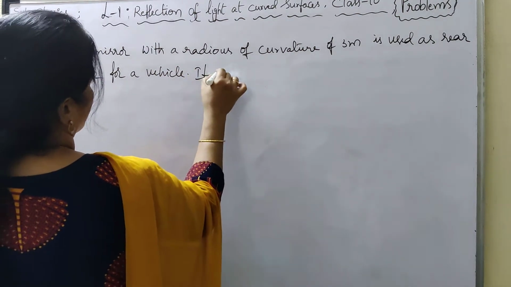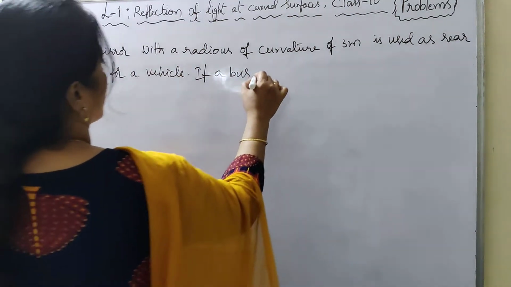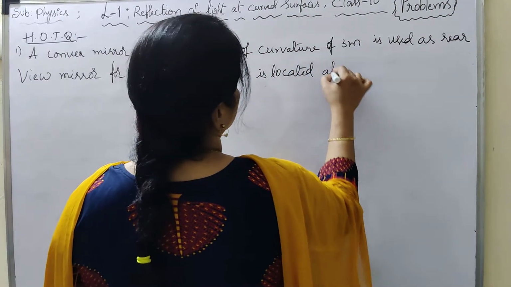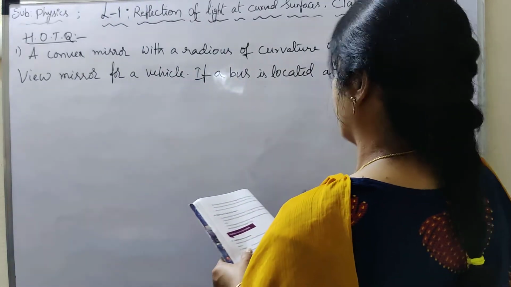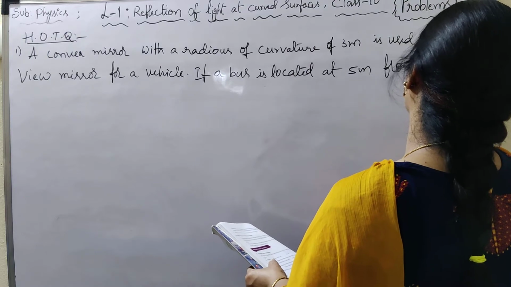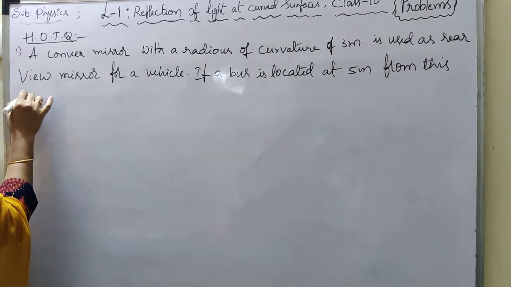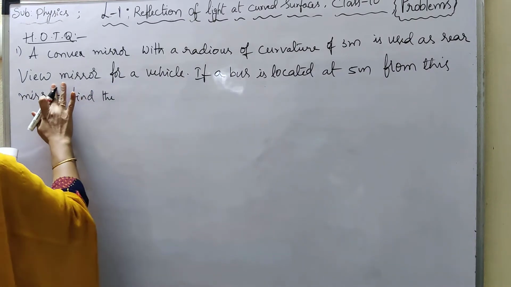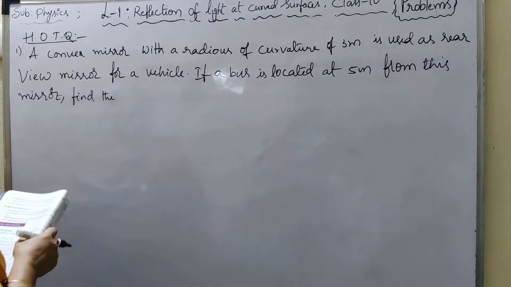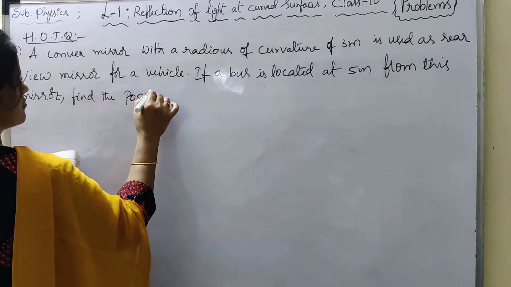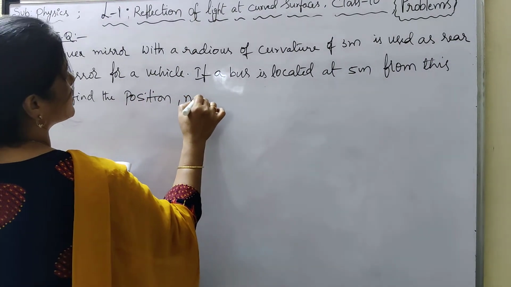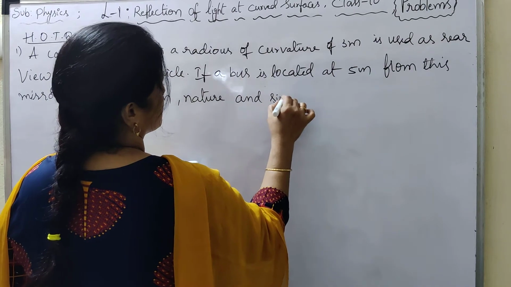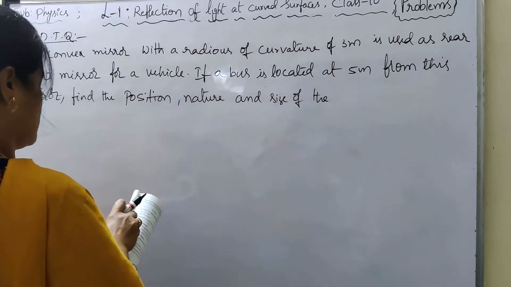If a bus is located at 5 meters from this mirror, find the position, nature and size of the image.